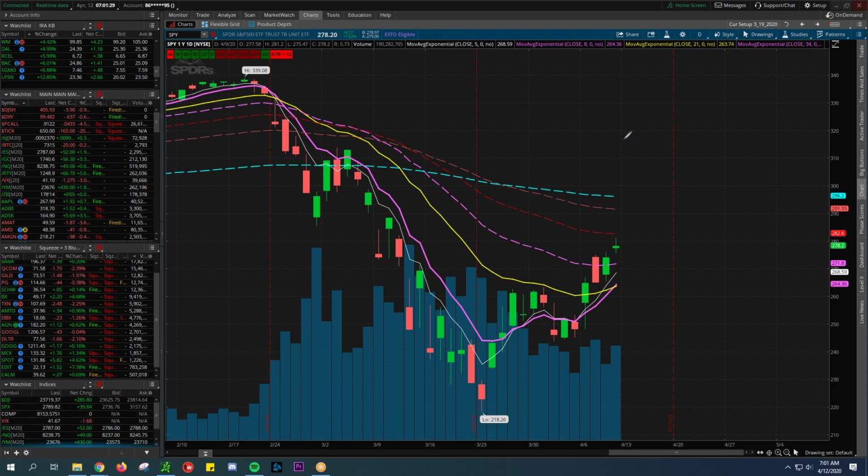We're going to go with probably the most basic one, which falls on the scale of being the most optimistic: the V-shaped recovery. We saw the high at SPY 339 at the end of February, and we would come down here.